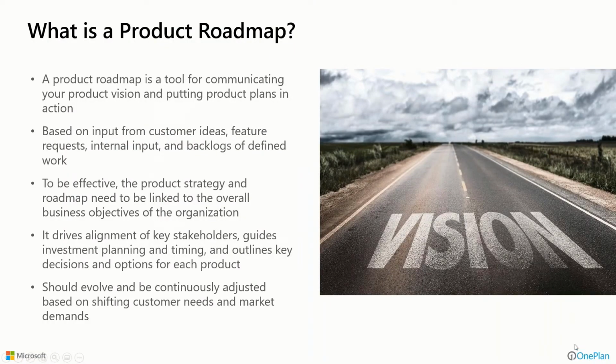So from a 101 perspective, what is a product roadmap? Well, a product roadmap is really a tool for communicating. It's a tool for communicating not only your product vision, but also for putting your product plans in action. So it's taking that vision, putting it into action, and setting some expectations of what it is that we're going to be doing.